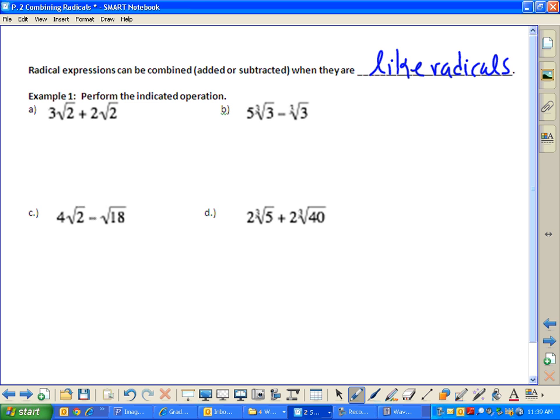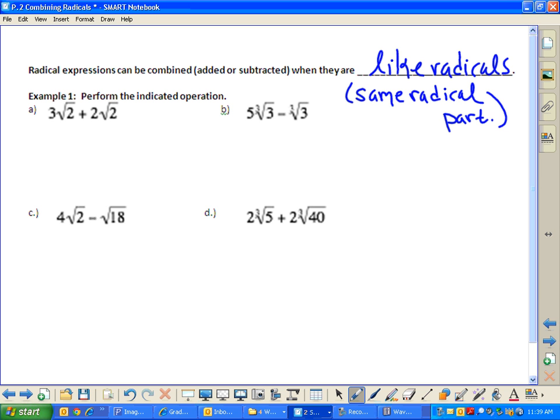In other words, they must have the exact same radical part. So we have one that's really similar to the examples that I was just drawing out for you on the marker board. 3 square roots of 2 plus 2 square roots of 2.